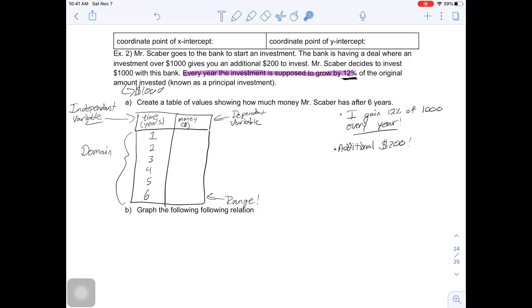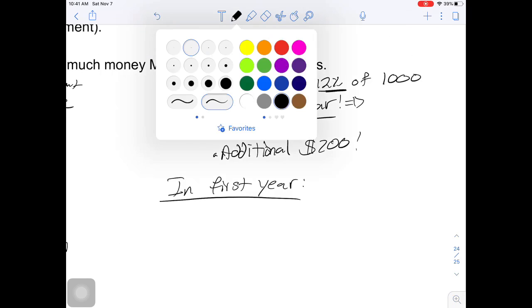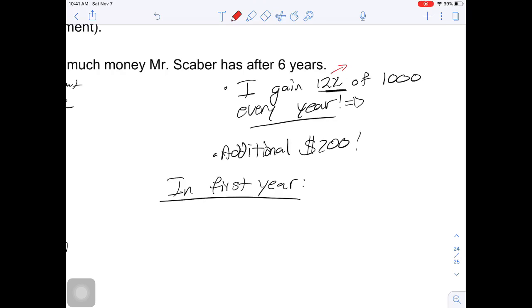Now from here, I can start solving. So in the first year, first of all, let's figure out what 12% of 1,000 is. You need to put this into a decimal. So 12% divided by 100 gives me 0.12.